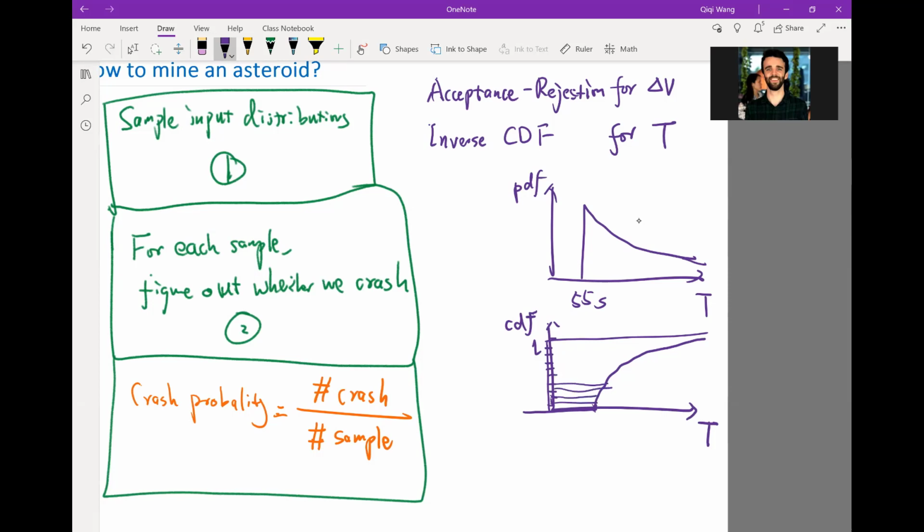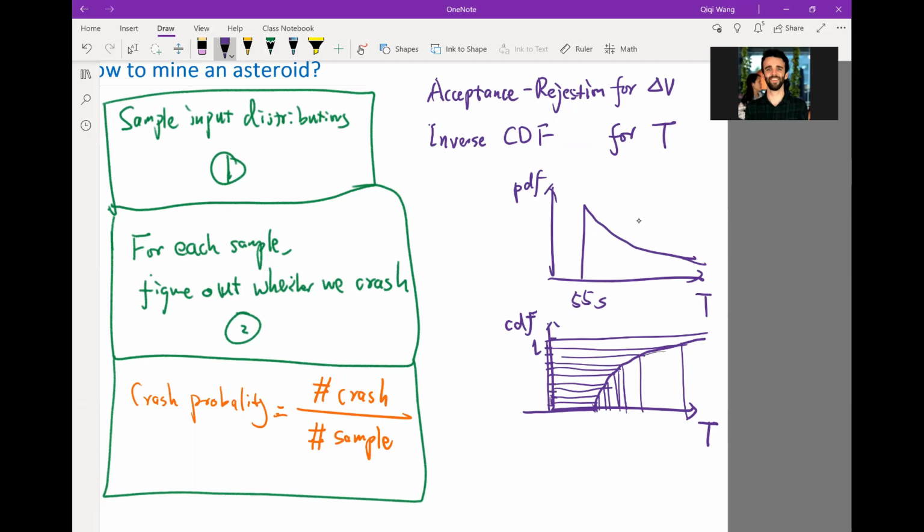If we sample with uniform bins along the y-axis and map it back, we're going to see that when the CDF is steep, the bins on the x-axis are narrow, so we get denser samples there.